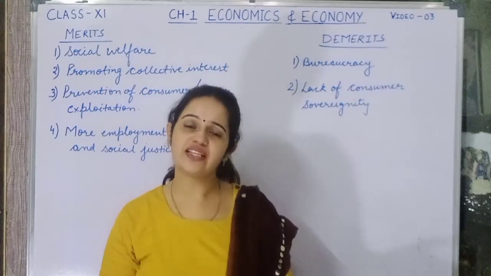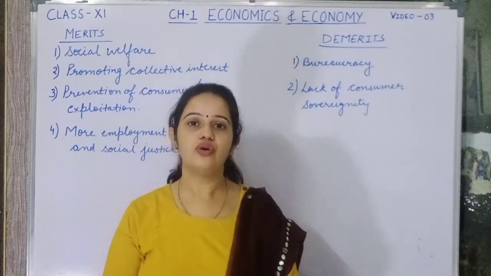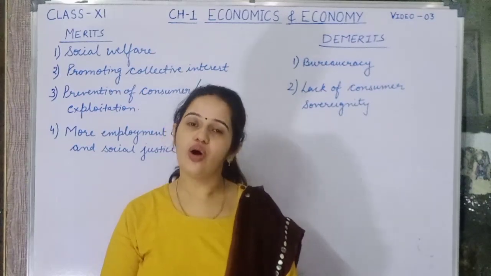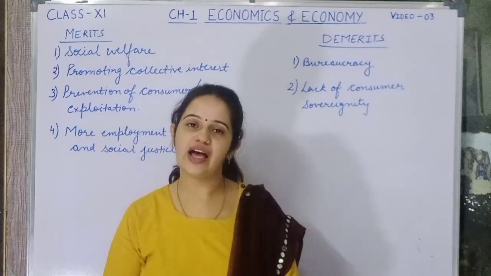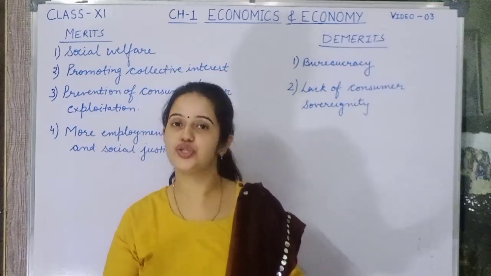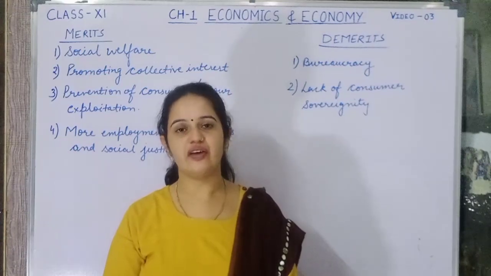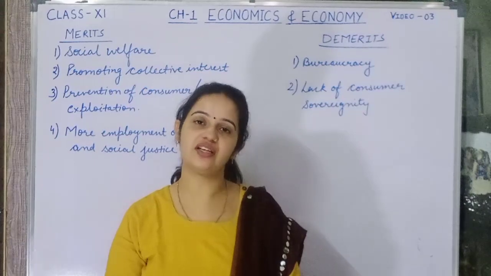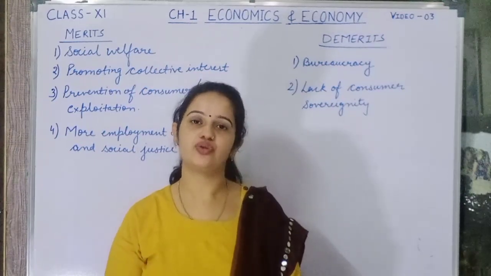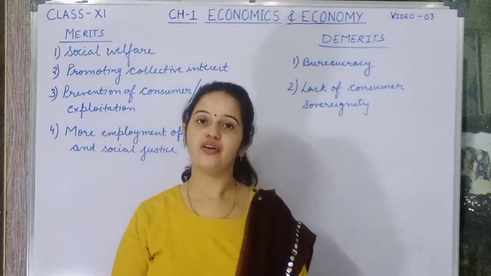They are not even respected in this economy. When all the decisions are taken by the government, the consumer does not have wider choices. Whatever goods and services are available in the market, they have to accept it only. So there is lack of freedom, lack of consumer sovereignty here.